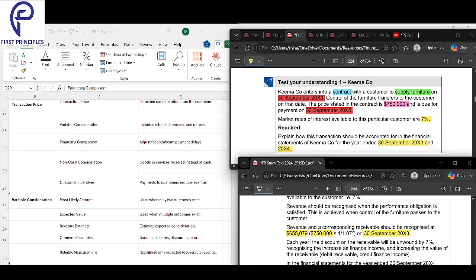So if you have given him 2 years to pay, for both years you are charging interest. First year interest is 45,856. Second year interest, you calculate 7,00,935 into 7%, which is 49,065.